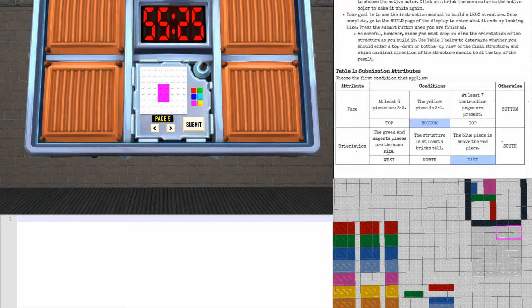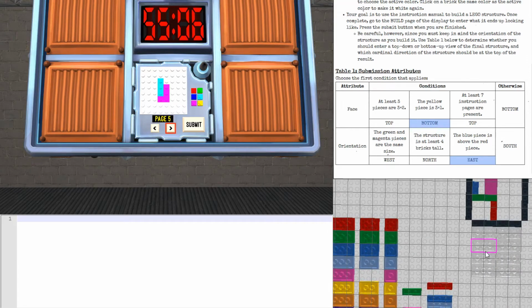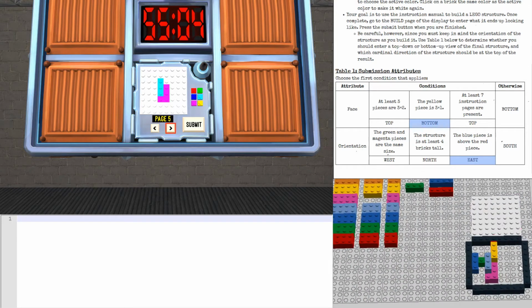Now, this white area here is where north is. All of these manual pages on the module are oriented in such a way that north is up. So we want to orient it in such a way that east points up. So if this is north, then east is here on this side.